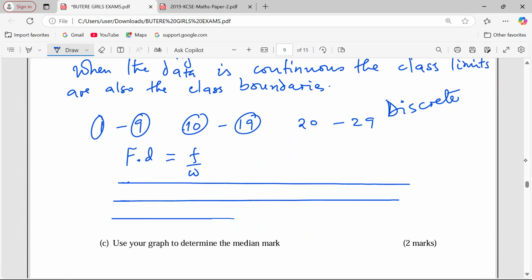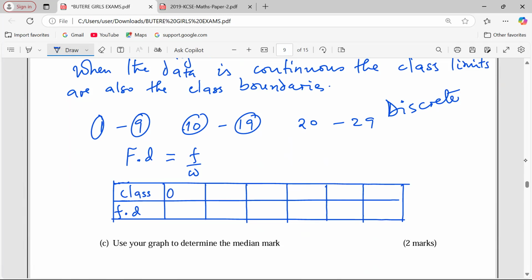We need the frequency densities and also the boundaries to be plotted. So we get frequency density here. The class will come here.